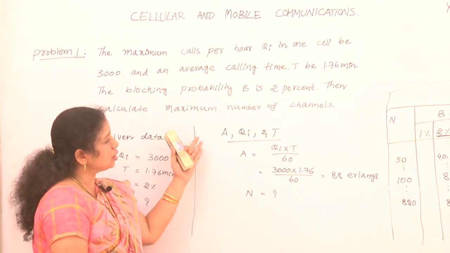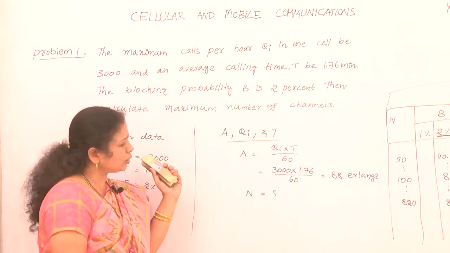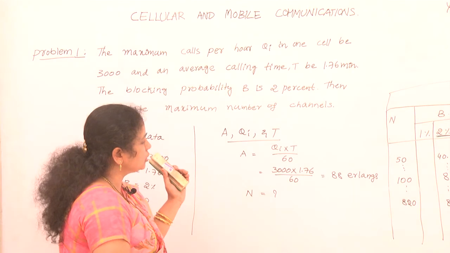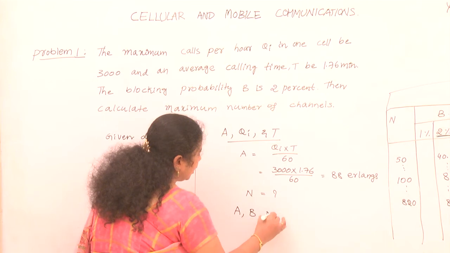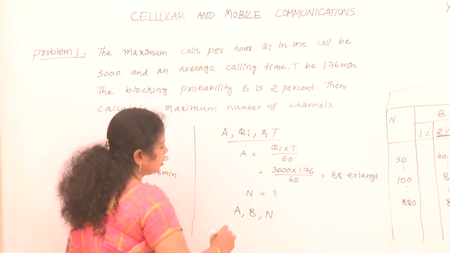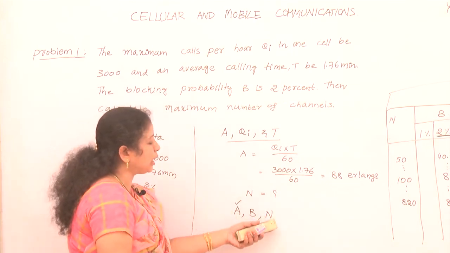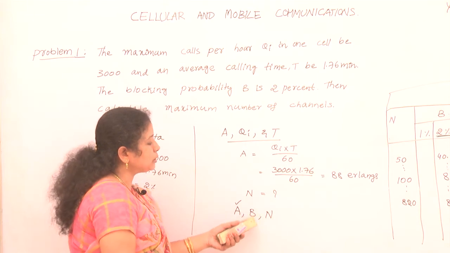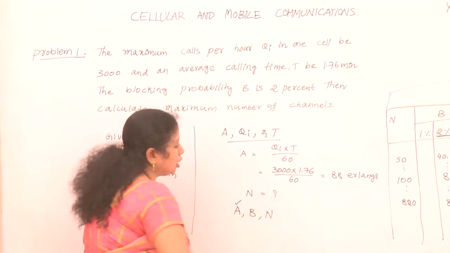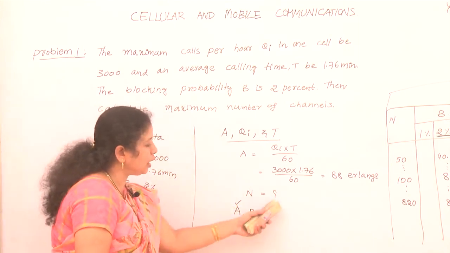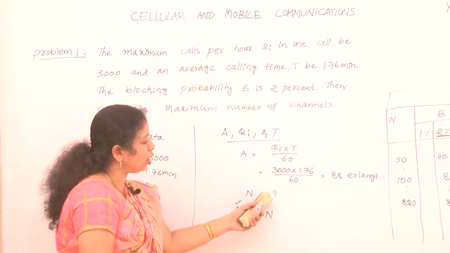The table consists of three parameters: the offered load, the blocking probability and the maximum number of channels required for that system, that is A, B and N. In order to handle the offered load, it requires a maximum number of frequency channels with some specified blocking probability. If the offered load increases, then the value of N also increases. So using that table, we are going to take the value of N.